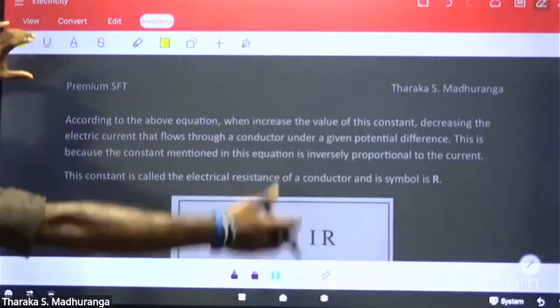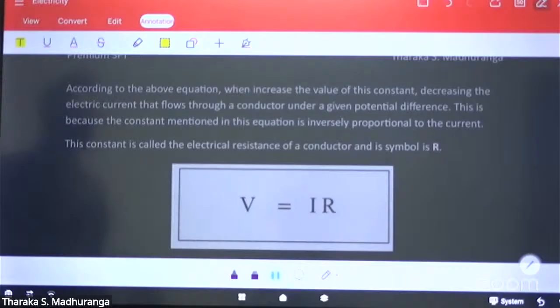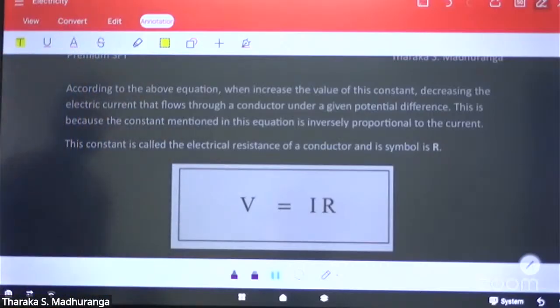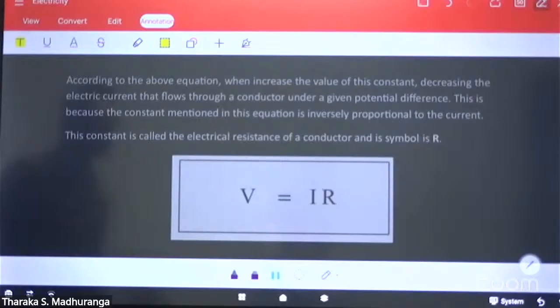Everything is explained here. According to the above equation, when the value of this constant increases, the electric current decreases. That's also important. Given a potential difference, this is because the constant in this equation is inversely proportional to the current.